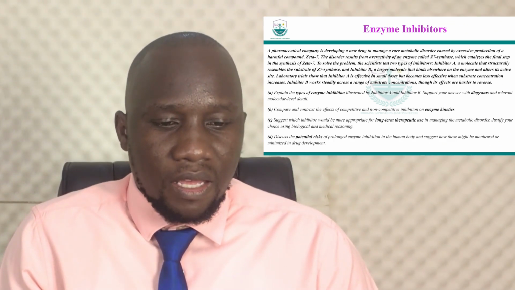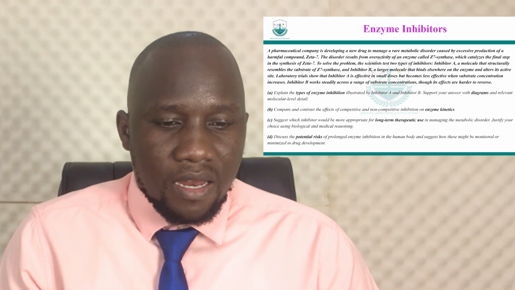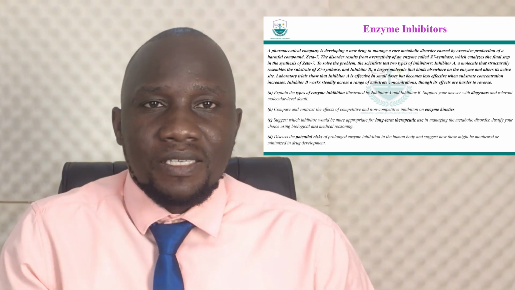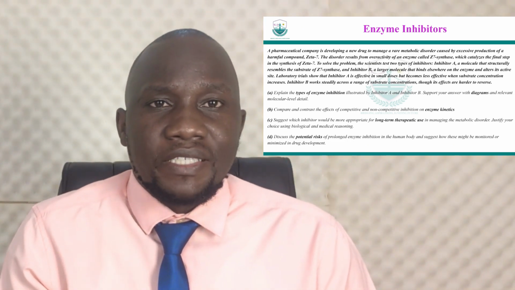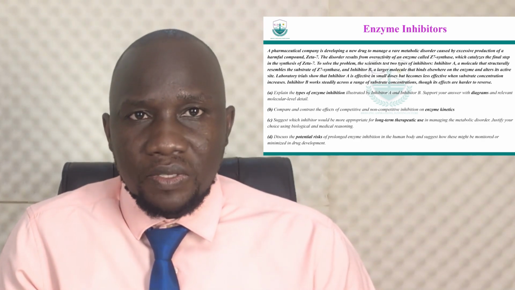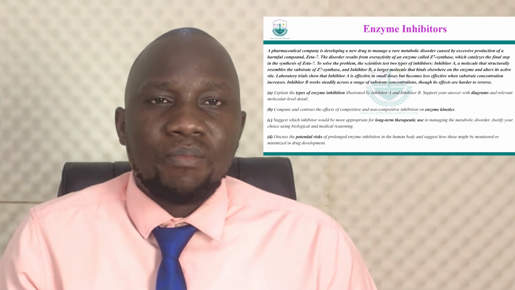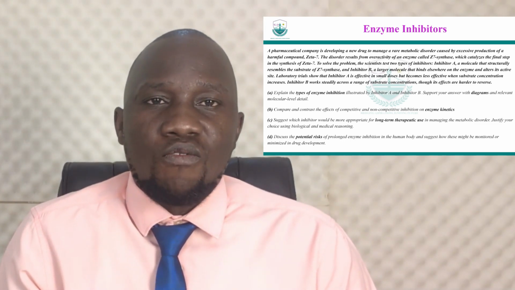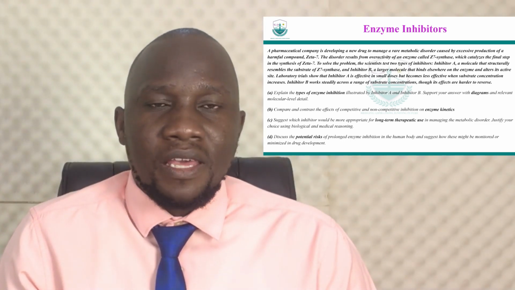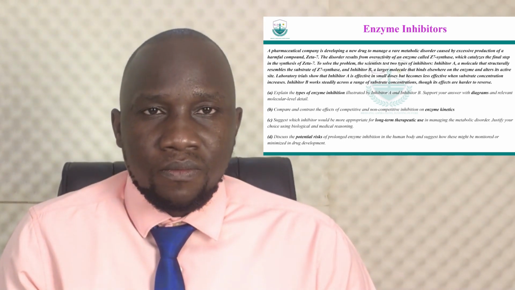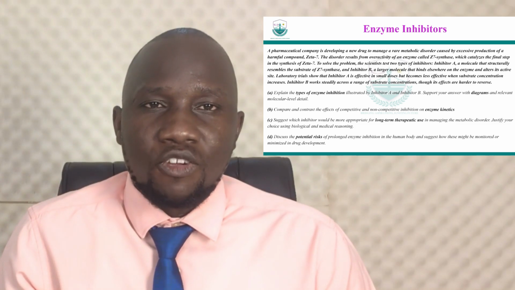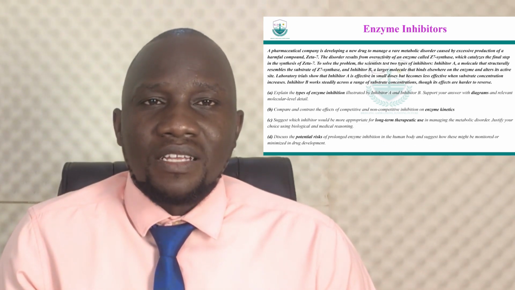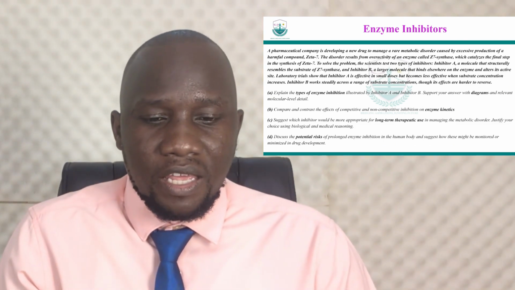So part B, effects of competitive and non-competitive inhibition on enzymatic kinetics. And this is about the interaction of these inhibitors with the enzymes. What we basically see is that competitive inhibitors need to occupy the active sites of the enzymes for them to cause that inhibition. Non-competitive inhibitors occupy another location apart from the active sites of the enzymes and then cause the inhibition.